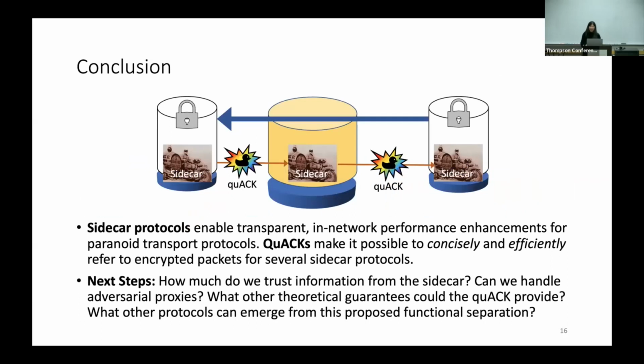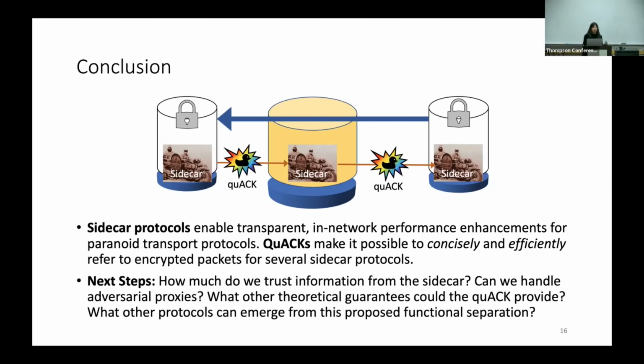So in summary, in this talk, I presented this abstract idea of sidecar protocols and a functional separation between routing responsibilities and performance enhancement responsibilities for middleboxes. I also presented quacks, just one way to make sidecar protocols practical by concisely and efficiently referring to encrypted packets. We think there are still many questions to be answered about making sidecar protocols practical or designing transport protocols in the future.